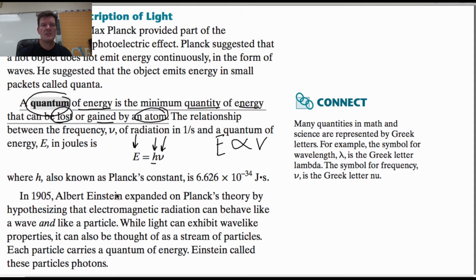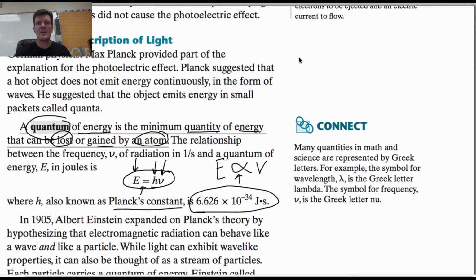That h is called Planck's constant, and it's always going to be given to you. It's just a number, and when you put that in there, it's no longer just a proportion, it is an equation, and you can equate the two. Here's really what you need to know. When frequency goes up, energy goes up.